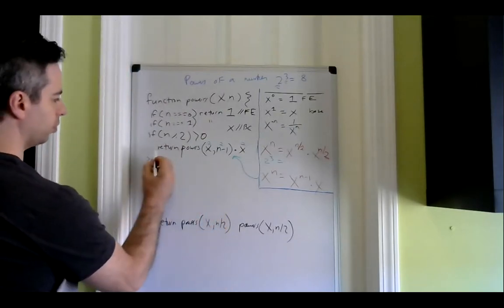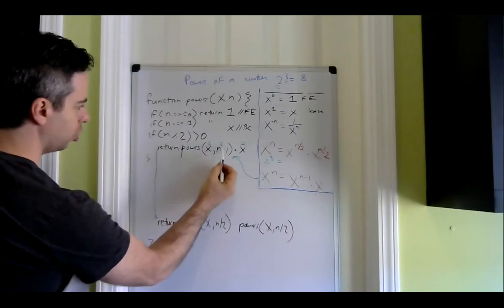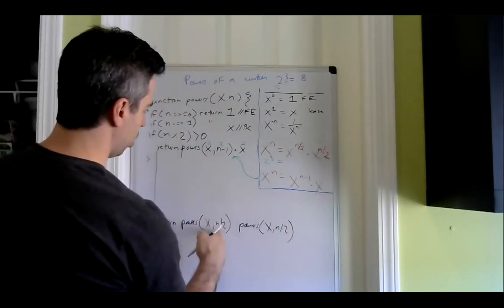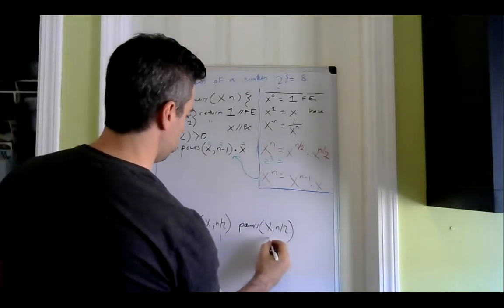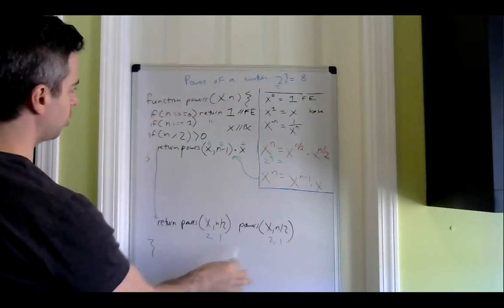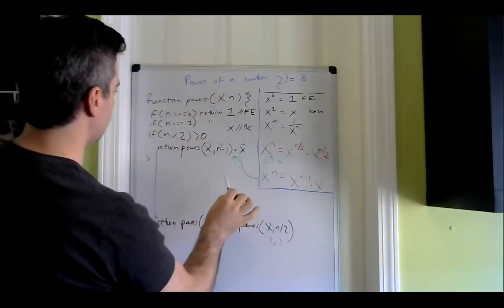This here is going to come down to here. So I have 2 and 2. 2 divided by 2 is 1. 2 divided by 2 is 1. Okay, cool. This comes through here. Oh, n is equal to 1. That's fantastic.